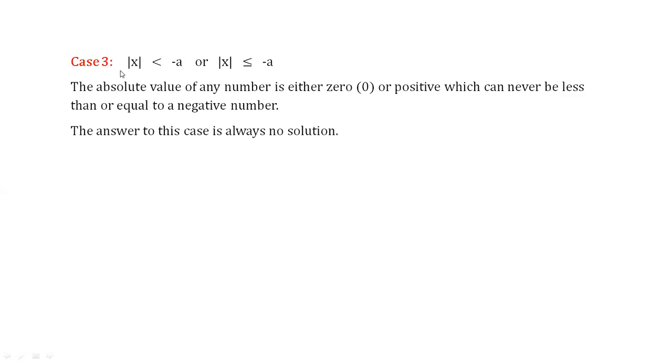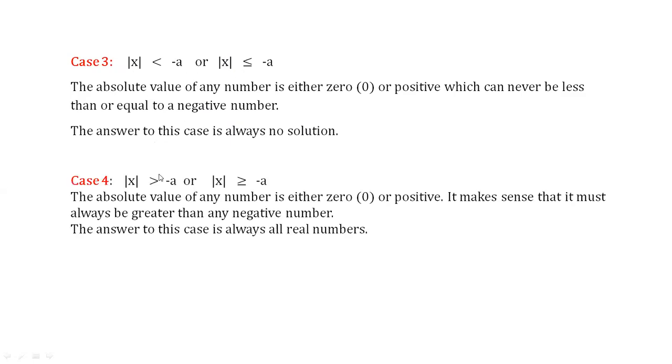The absolute value of x is less than minus a, or a negative number. So the answer for this case is always no solution, meaning there is no value of x which can satisfy the given inequality. The solution set of the given inequality is a null set. Now consider case 4.